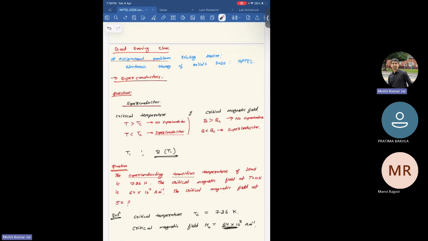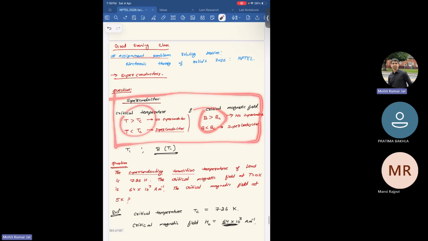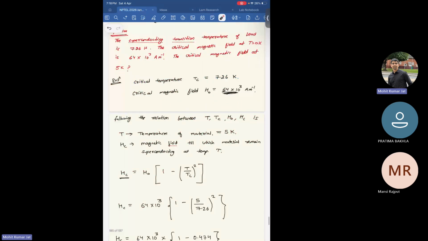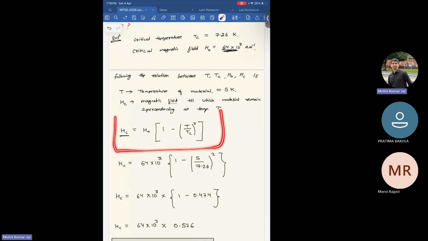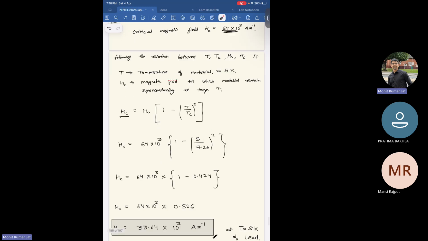So what about the superconductor, critical temperature, critical magnetic field, right? Then how to estimate this formula. You must remember this, it is very important, not only for your exams. In the exam it will most likely show up, but for your concepts on the superconductor, always be handy with the formulas.